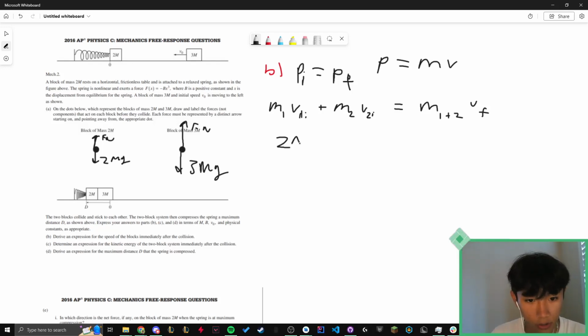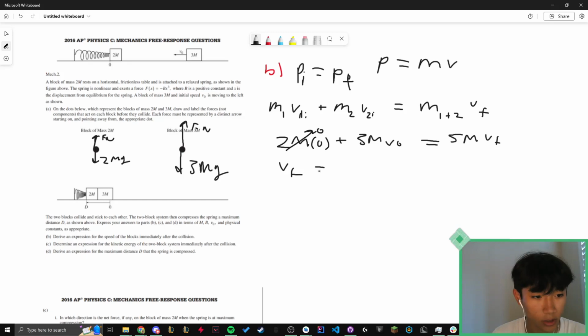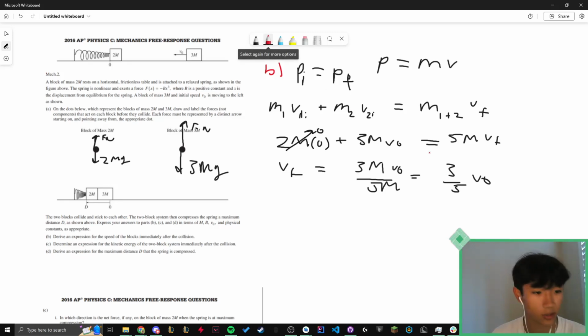So that would be 2m at 0 velocity, just cancel out 0, plus m2, which is 3m v naught. And we're going to add the masses. 3 plus 2 is 5, 5m v final, and we just solve for v final, which is just equal to 3 times m v naught over 5m, which is just 3 over 5 v naught. And this is your answer.